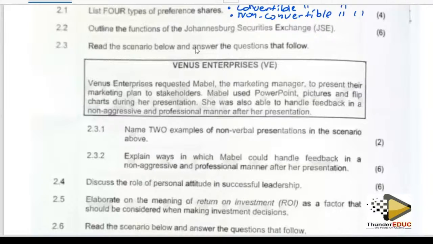Okay, right. So now let's check the functions. One of the functions is that it raises primary capital. Another one provides protection for investors. Another one encourages short-term investment. So now let's check here. Number one, raises primary capital.